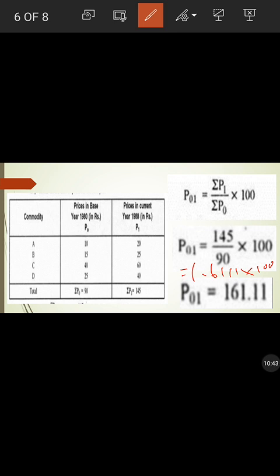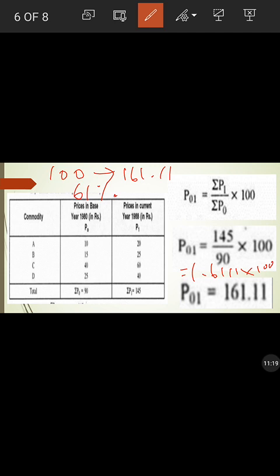The prices have increased by 61 percent. We take 100 as the base percentage, and the answer we have got is 161.11. So what is the interpretation? The prices from 1980 to 1988 have increased by 61 percent.